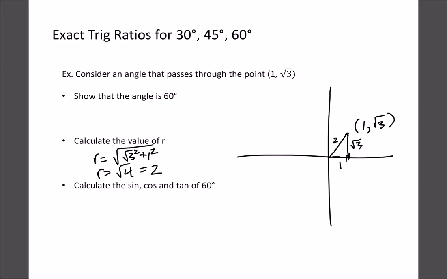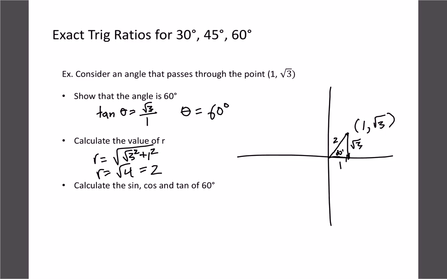The first bullet I missed is asking us to show that the angle is 60 degrees. So we could do tan of the angle equals root 3 over 1, opposite over adjacent. So if we go second tan of root 3 on our calculator, that gives us 60 degrees. So we know our reference angle is 60 degrees for this one. Now we can calculate our sine, cos, and tan.